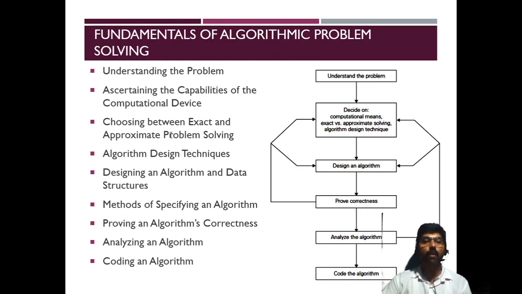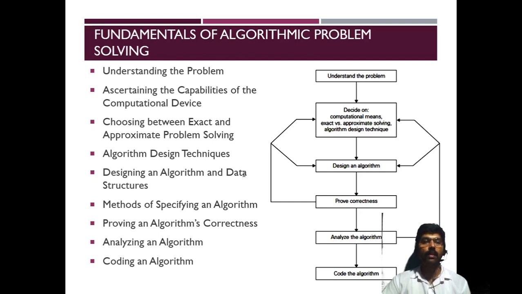A common technique for proving correctness is to use mathematical induction. In order to show the algorithm is incorrect, you need just one instance of its input for which the algorithm fails. If any one input fails, the algorithm is not working correctly.